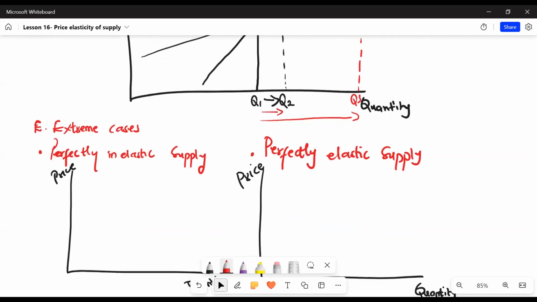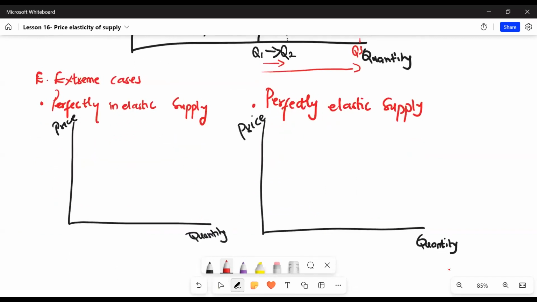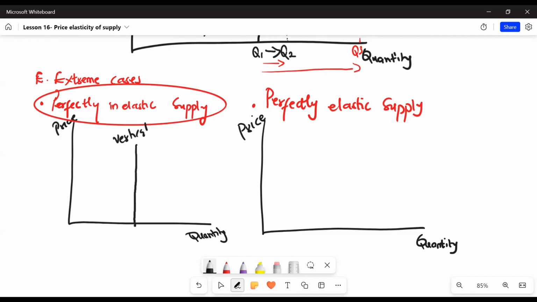Now let's look at two extreme cases: perfectly inelastic supply and perfectly elastic supply. Perfectly inelastic supply simply means that the percentage change in quantity supplied is 0 for any percentage change in price. In this case, no matter the change in price, quantity supplied remains the same. So when you draw your supply curve, you have a vertical supply curve.